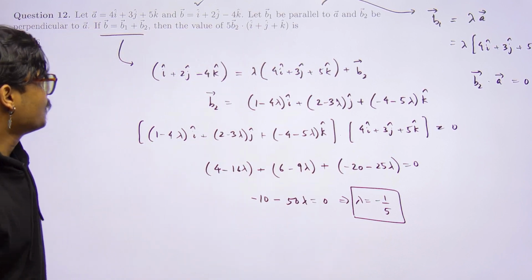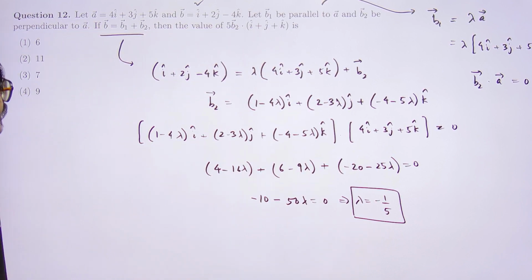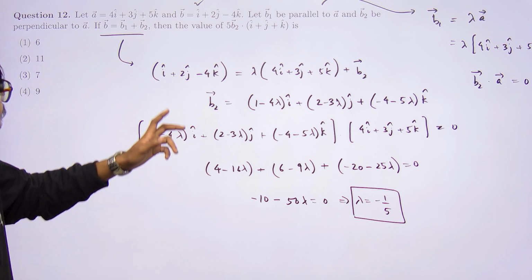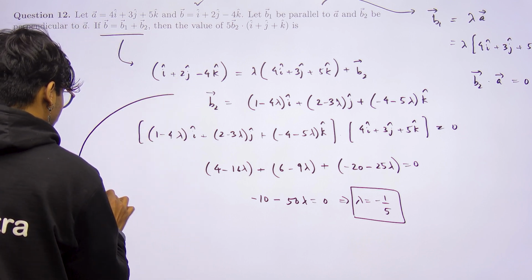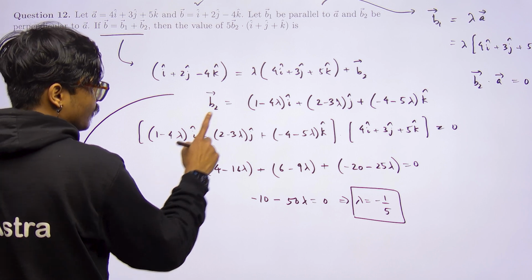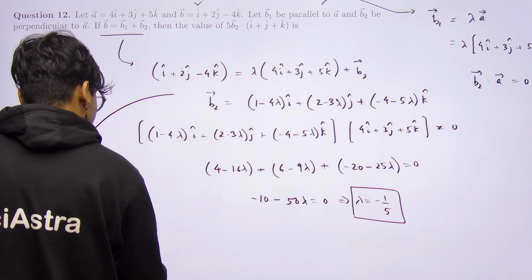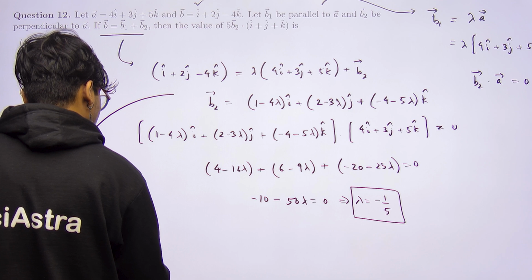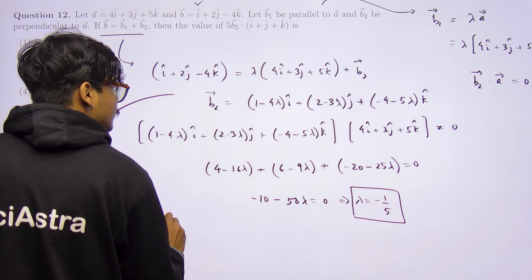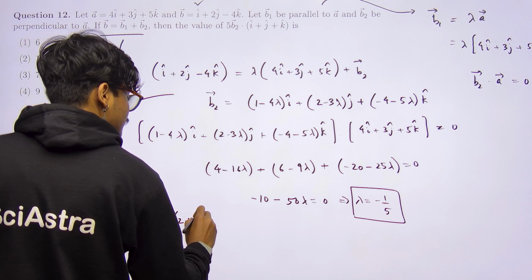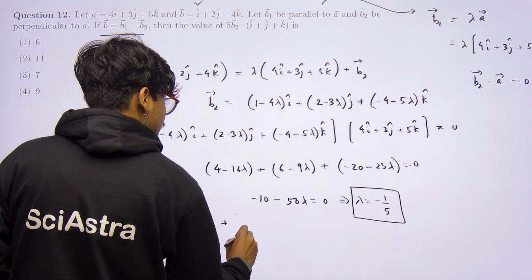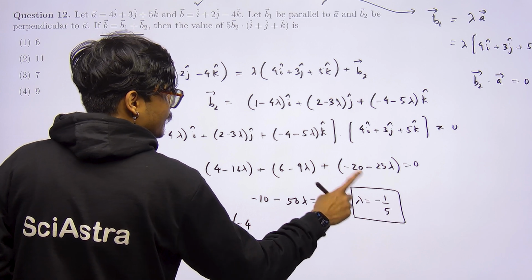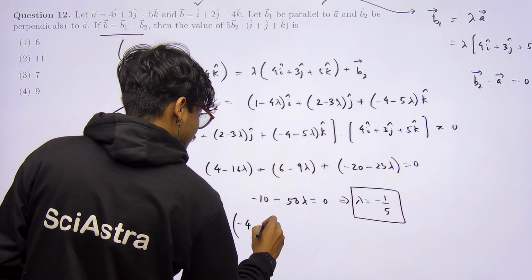I can plug this back into the value of b2 and I can directly find the value of b2 vector. So b2 vector is going to turn out to be 1 plus 4 by 5 i cap plus 2 plus 3 by 5 j cap plus minus 4, minus minus will become plus, so plus 1 k cap.